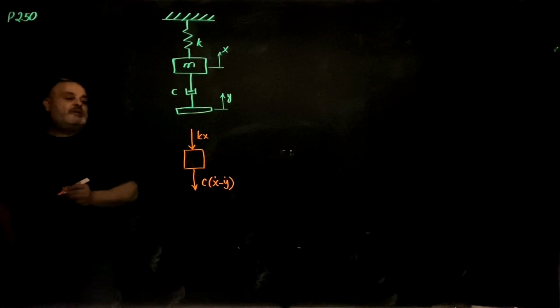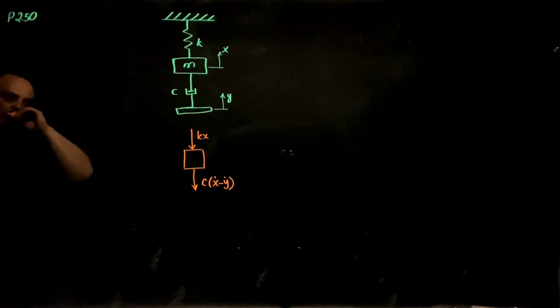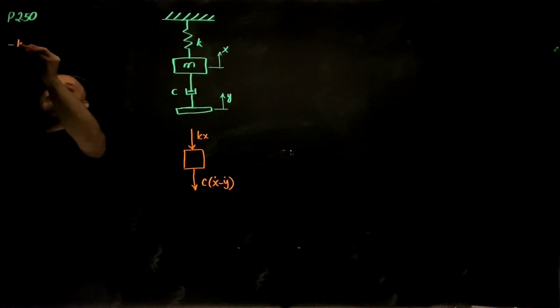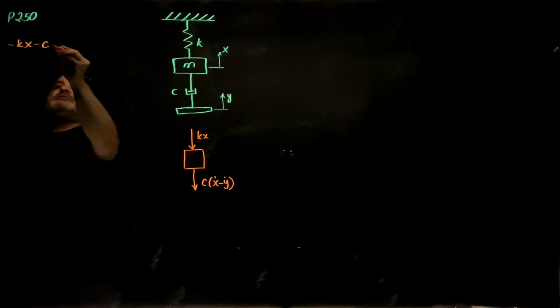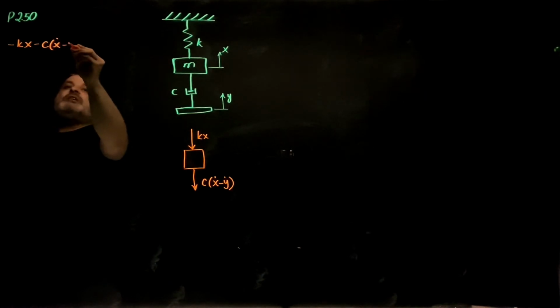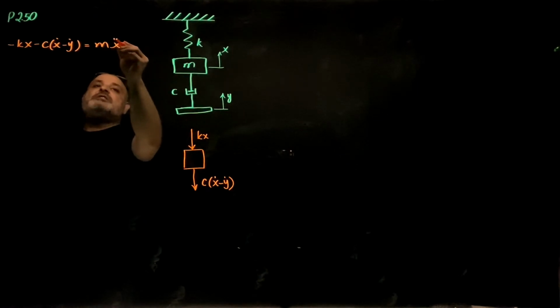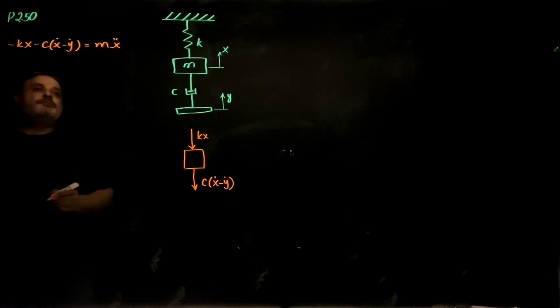So now the equation of motion based on the Newtonian approach: negative kx minus c(x dot minus y dot) equals m times the acceleration x double dot.